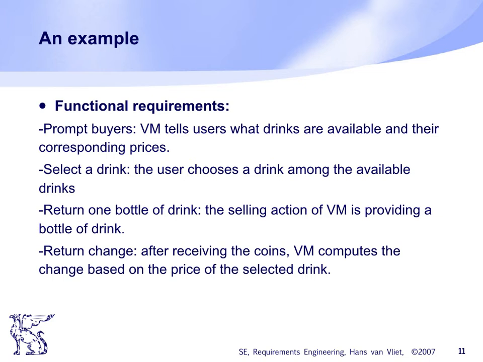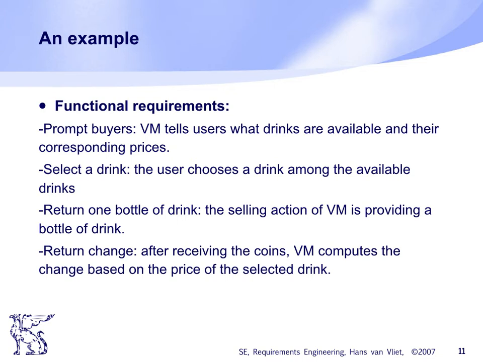And what will be the third step? The vending machine will provide the selected drink to the user, right? So return one bottle of drink. That's the third functional requirement.